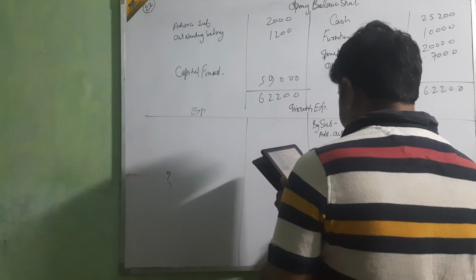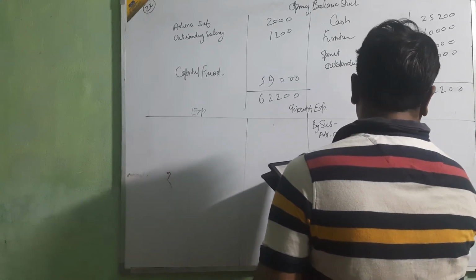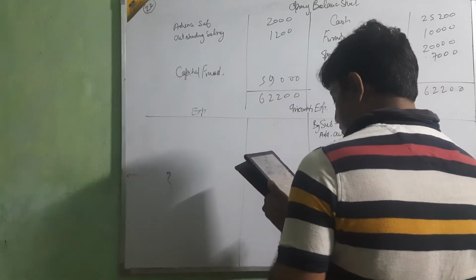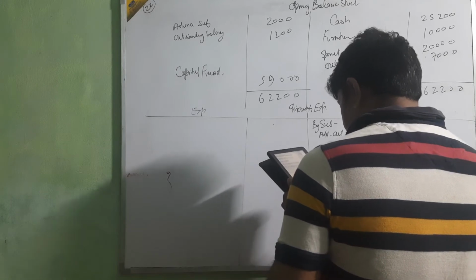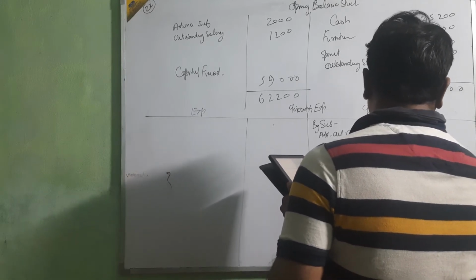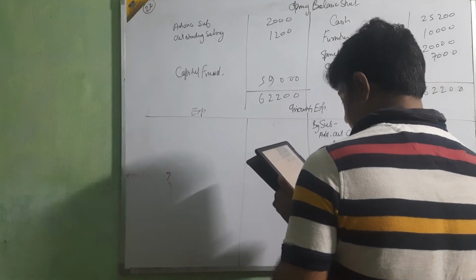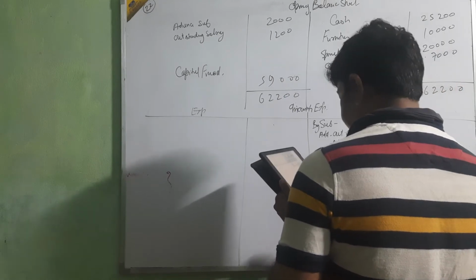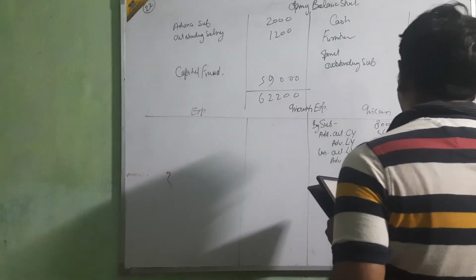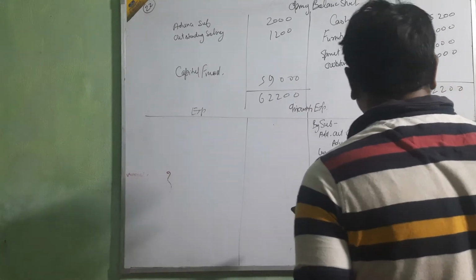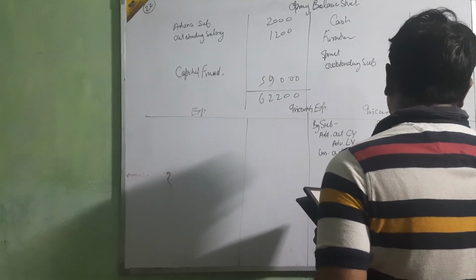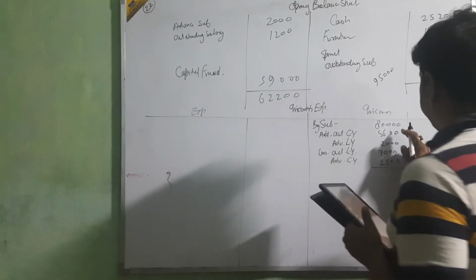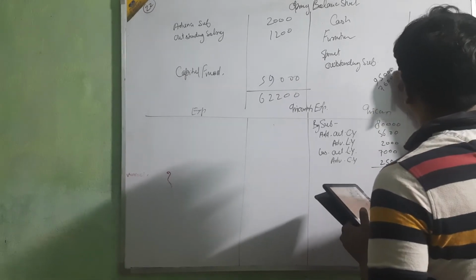Last year outstanding is 7,000 and last year advance is 2,000. Current year outstanding is 5,600 and advance is 2,500. Okay, then totaling the amount and take the outside. Just see what amount is coming. 9,500 and 7,600.